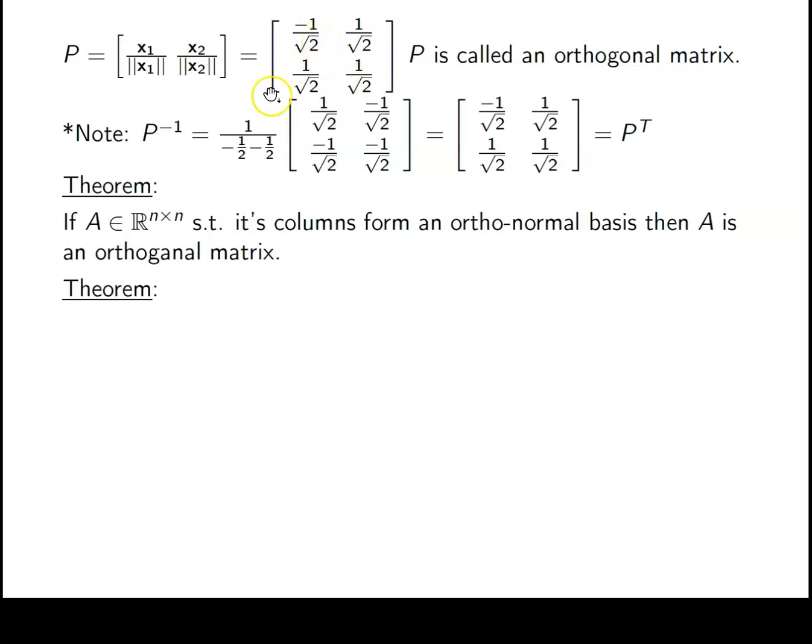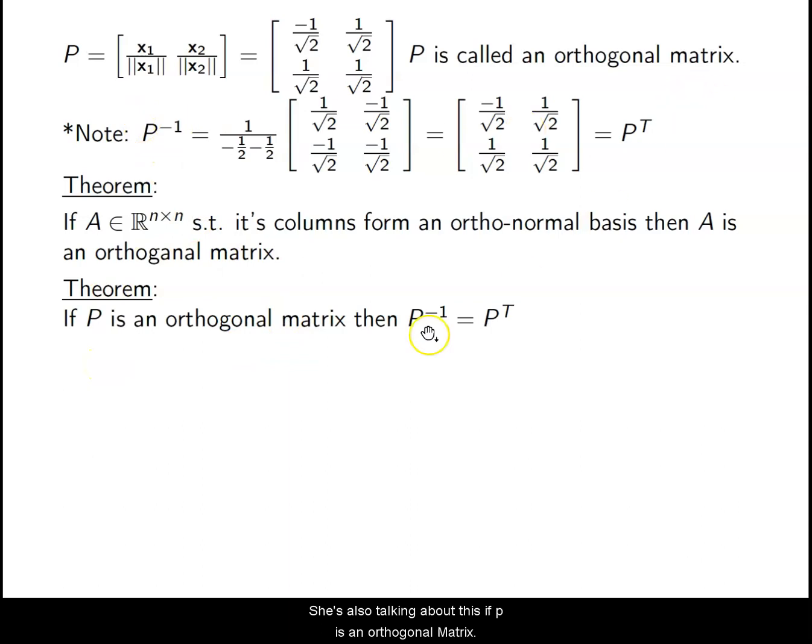Okay. So let's come to the next theorem, which is also talking about this. If P is an orthogonal matrix, then P inverse equals P transpose, right? So the same thing I showed you here. We just did this exploration to highlight these theorems so that they would be a little bit easier to understand, because of course everything is easier to understand when you see a concrete example. I know you guys are having problems with some of these generalized ideas of theorems and proofs, right?